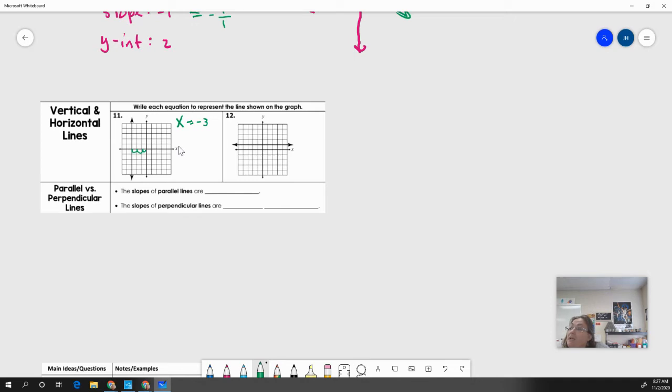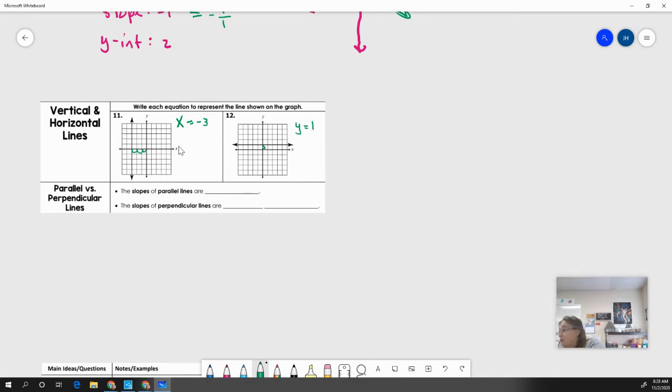If we were looking at a horizontal line and we needed to write the equation for this line, it would be y equals, and we're just up 1, so y equals 1. That is the equation for these lines. When we are dealing with a vertical line, we're going to have something that is x equals.